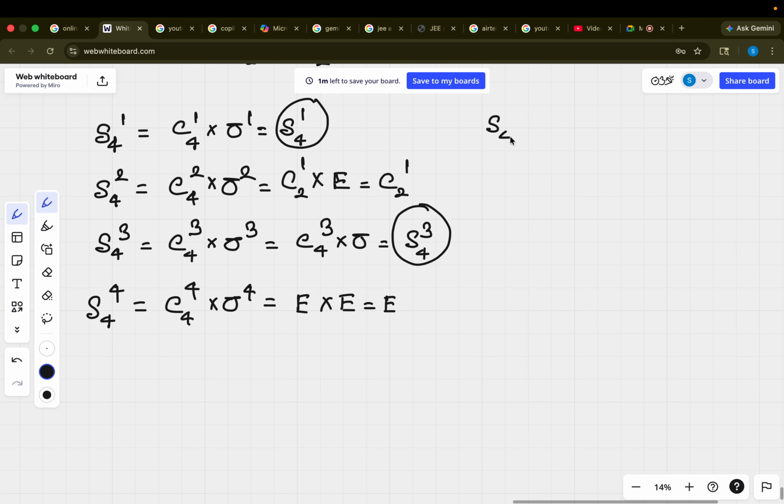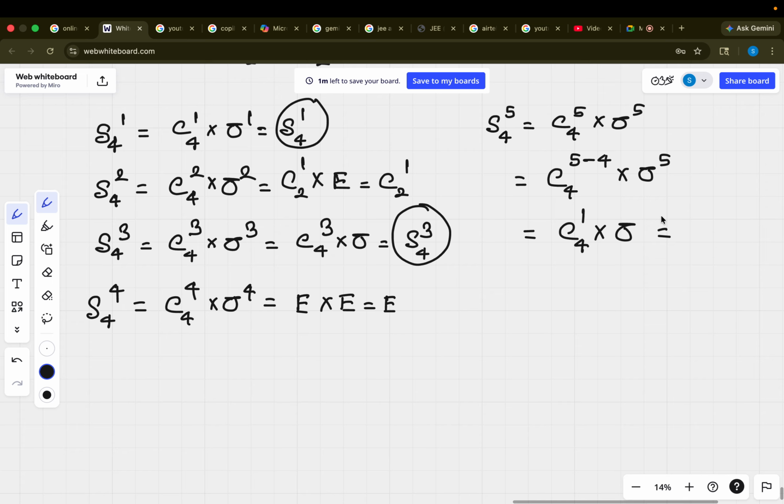Okay, now suppose you have S4^5. So you will get C4^5 into sigma^5. So C4^5 means what? C4^(5-4) into sigma^5. So that one I am getting what? C4^1 into sigma.